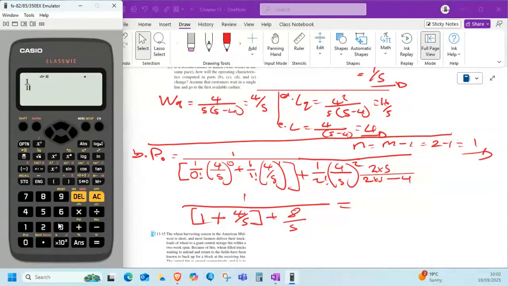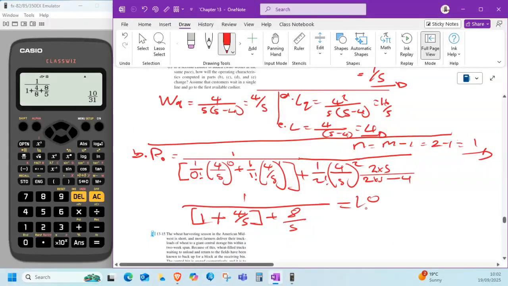Over 1 plus 4 over 8 plus 8 over 5. Then we have this, 0.3231. Now like this. I like using it as a fraction because we need it in the next exercise.